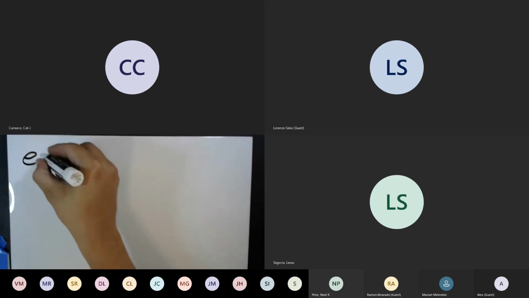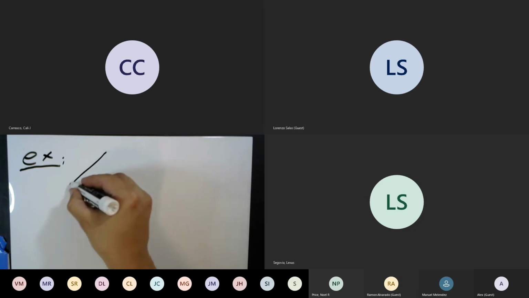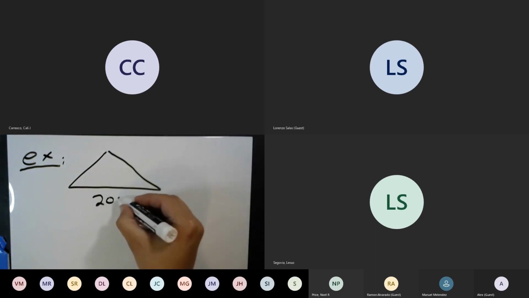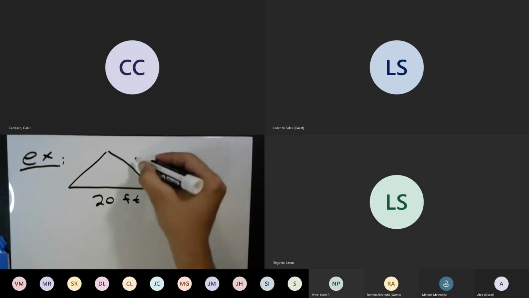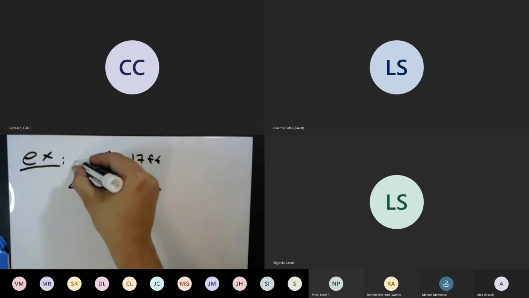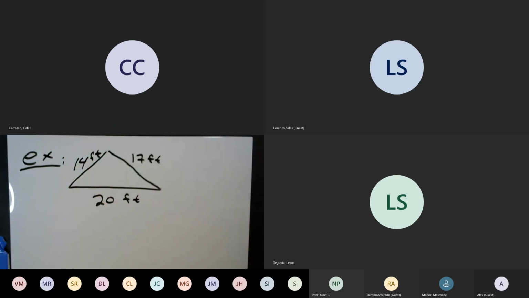So for example, let's say the triangle that's 20 feet on one side, 17 on the other, and 14 on the last side.